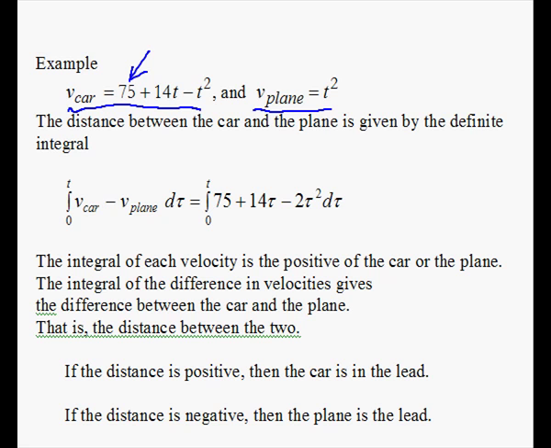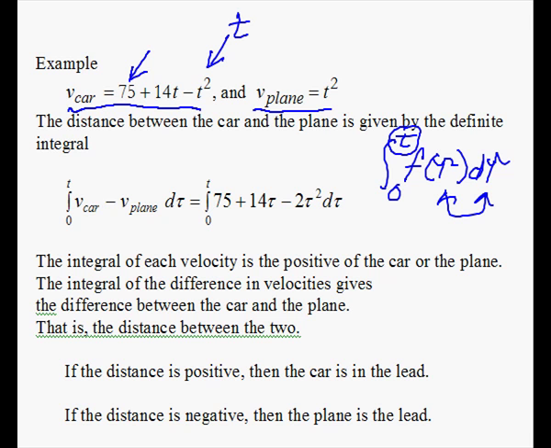Now notice I didn't put the tau here. The independent variable is t, but if I integrate from 0 to t, then under the integral sign the dummy variable cannot be the same as a limit of integration. That just doesn't make sense.